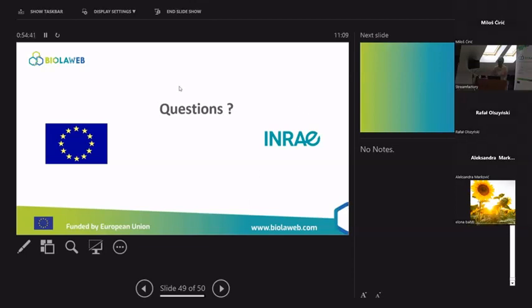I have some questions from Zoom participants. What is the difference between DNA metabarcoding and eDNA metabarcoding? Well, the difference is the initial sample. It depends on the definition of eDNA you use.